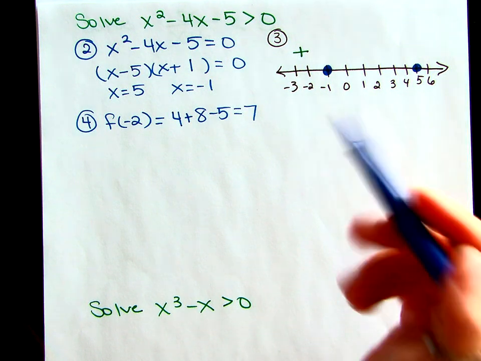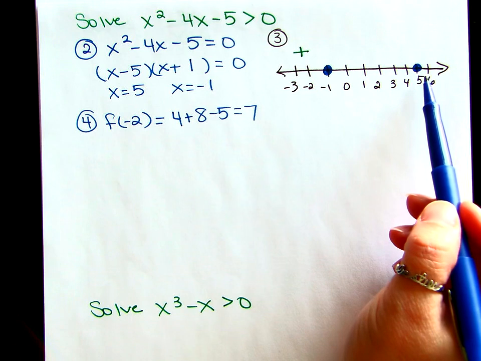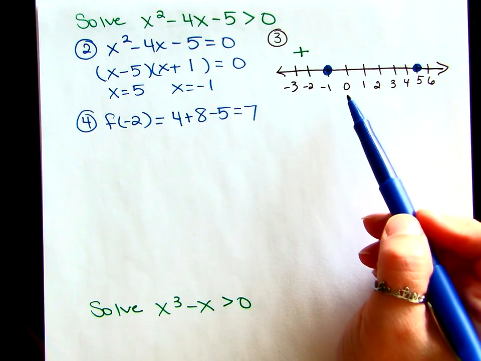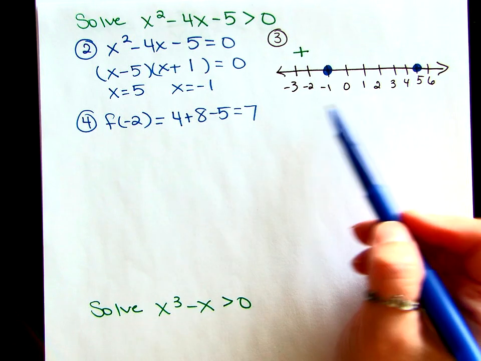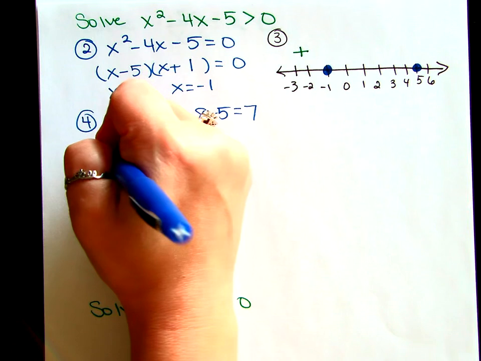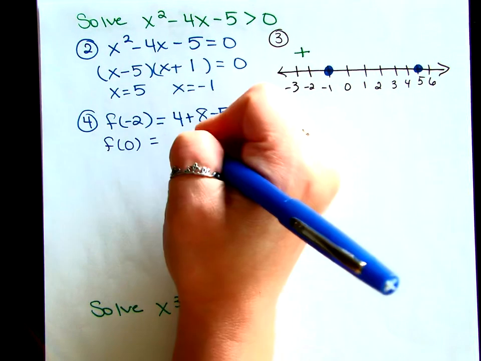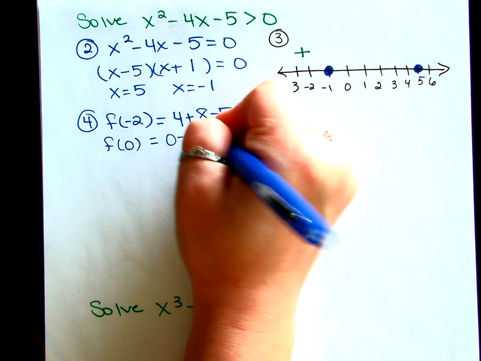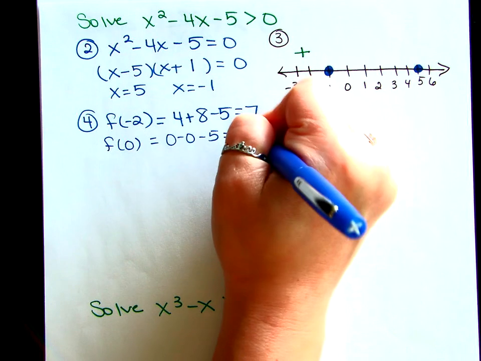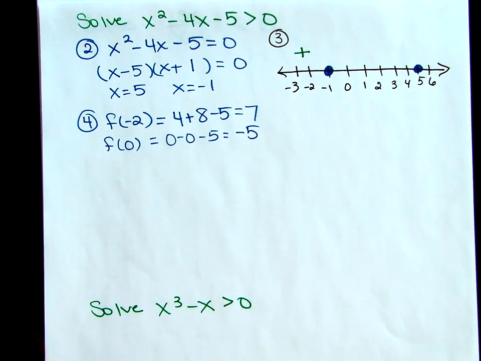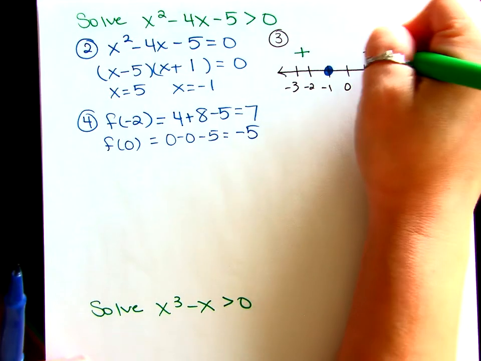Now between -1 and 5, I'm going to do 0. 0 is always the easiest one to do, so any section that has 0 in it, I'm going to use 0. Because that's 0 minus 5, which equals -5. So this middle section is negative.